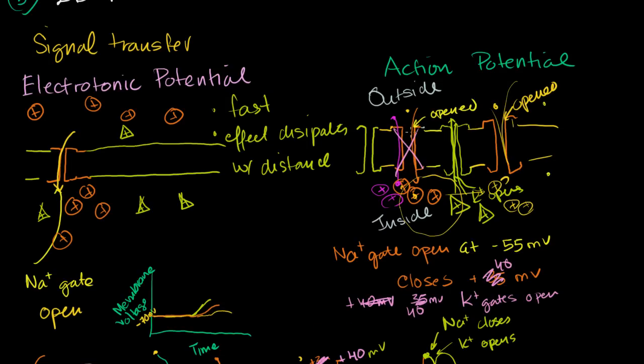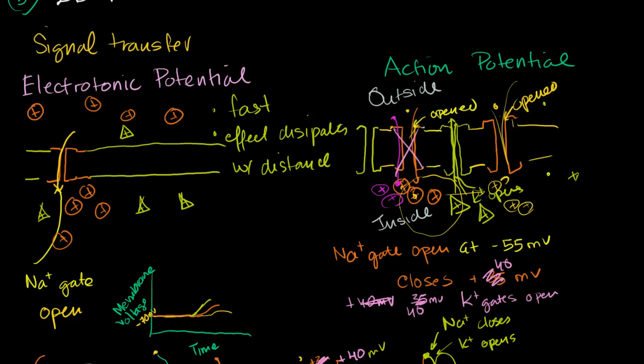When the sodium flows in here, it becomes really positive around here, that makes the voltage around here a little bit more positive, which triggers this next sodium gate to open. And then this whole same cycle happens. Then the potassium gates open to make it negative again. But by the time that's happened, it's become positive over here to trigger another sodium gate. So one after another, you have these sodium gates opening and closing, but it's transmitting that potential change.